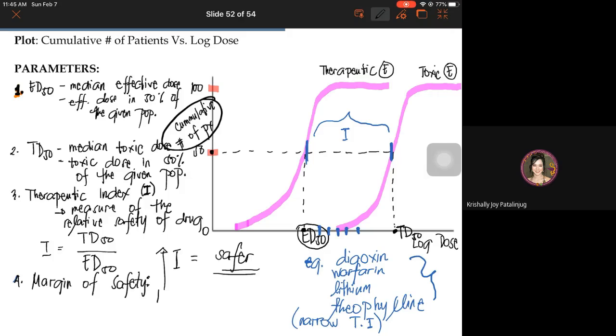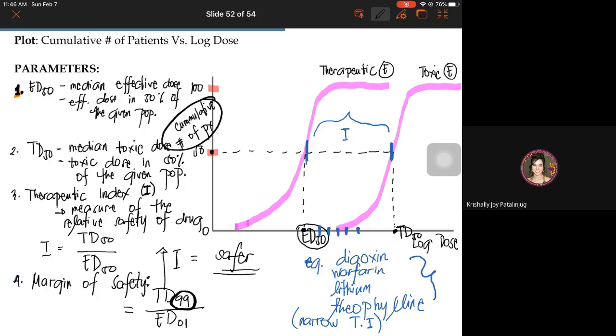Pero this time, TD99 over ED1. So this is how we determine the margin of safety. Meaning yung toxic dose in 99% of a given population divided by the effective dose sa 1% lang ng population. But again, this is more applicable to clinical toxicology.